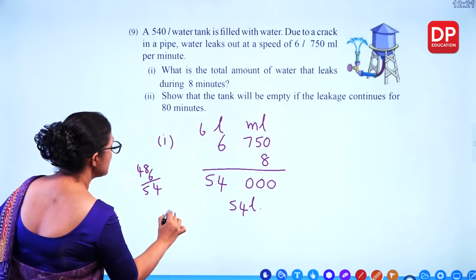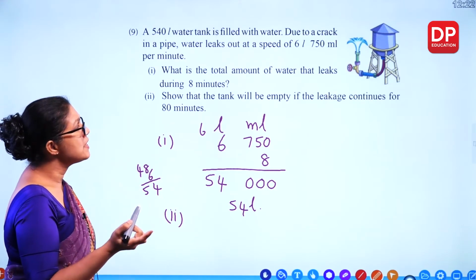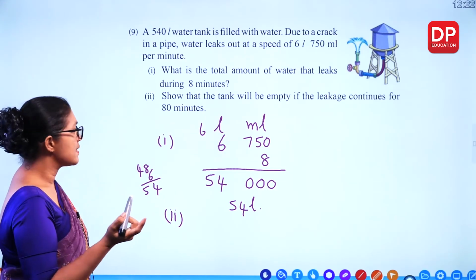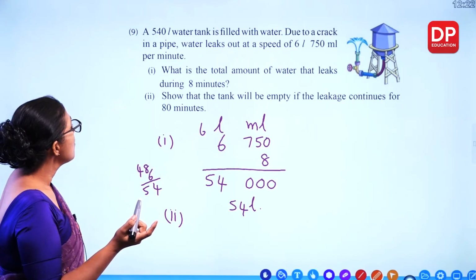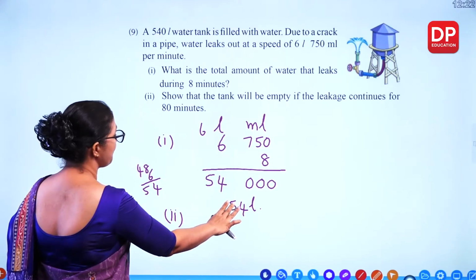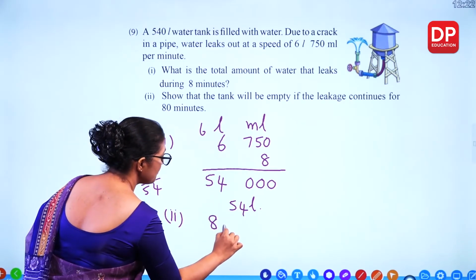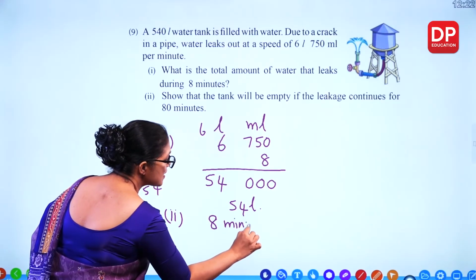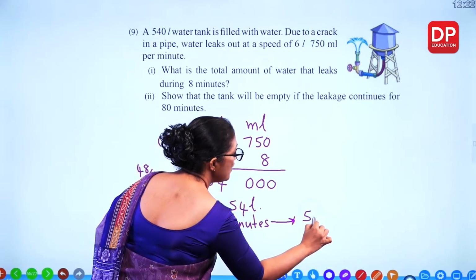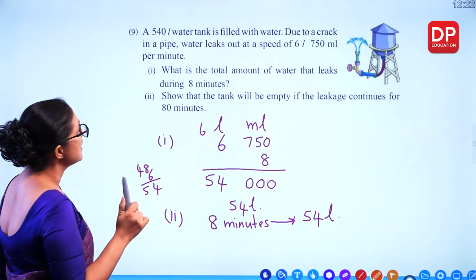Then part 2, it says, show that the tank will be empty if the leakage continues for 80 minutes. So we'll see what happens for 80 minutes. For 8 minutes, 54 liters is the water leaking.